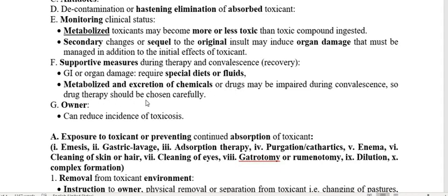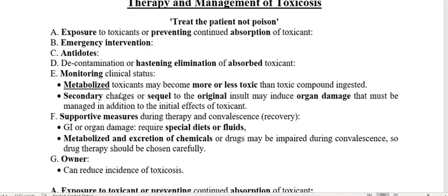We also have to rule out whether the rate of excretion of the toxicant is slow or fast in that poisoned animal. If slow, then we have to increase it by giving a drug. Then we also have to train the owners how to keep the animal and how to monitor the poisoned animal. So all these points we are going to discuss.